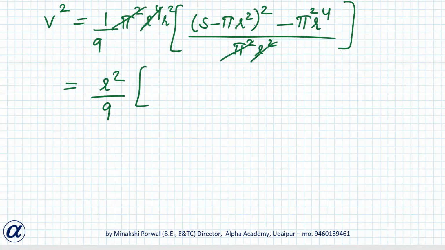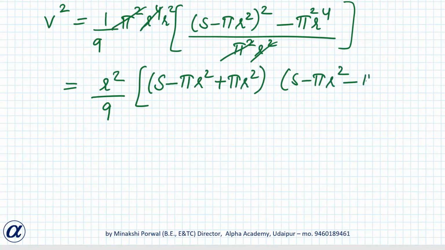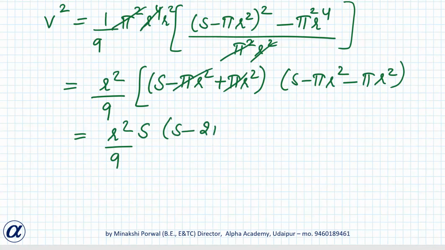Using the formula a square minus b square, it will be (s minus pi r square plus pi r square) into (s minus pi r square minus pi r square). So this will be equal to r square upon 9, and this and this cancel: s into (s minus 2 pi r square).